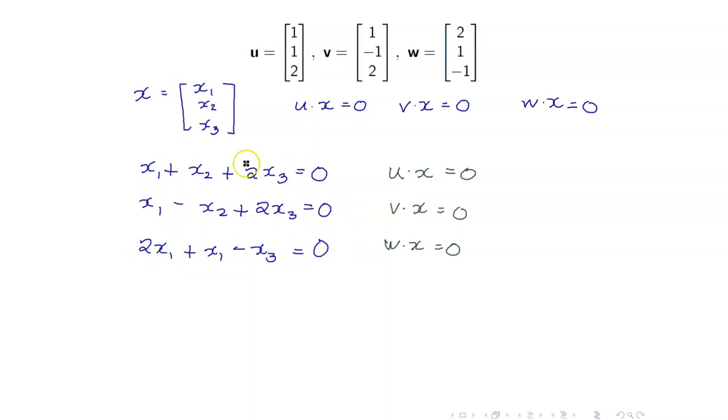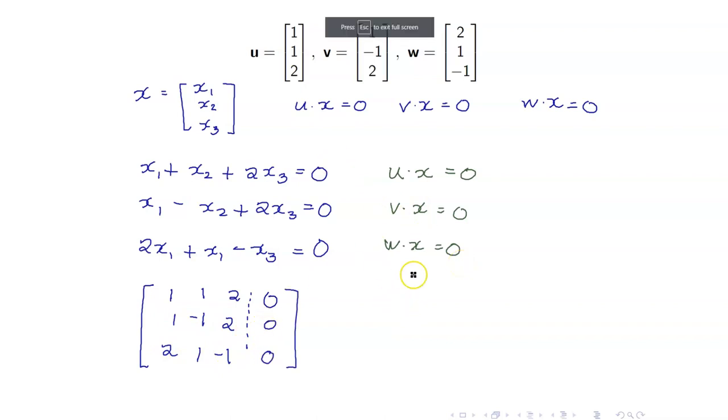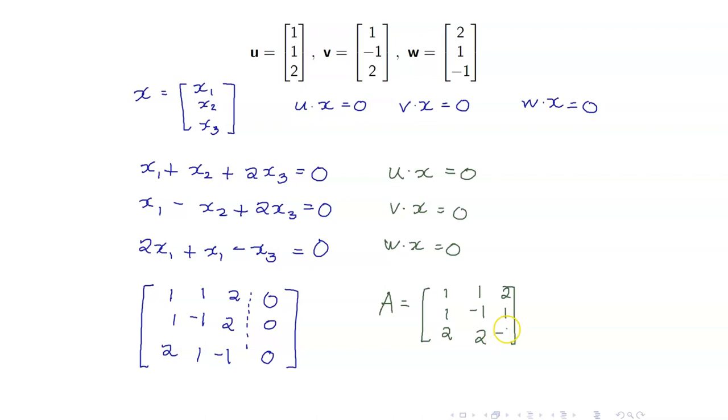Let us transform this into its augmented form. This is 1, 1, 2. This is 1, negative 1, 2, 2, 1, negative 1. I will show you now where the A came from. From our theorem, how do you form your A? Your A is the matrix whose columns are exactly your column vectors: 1, 1, 2, 1, negative 1, 2, 2, 1, negative 1.